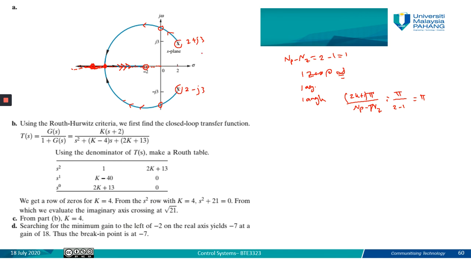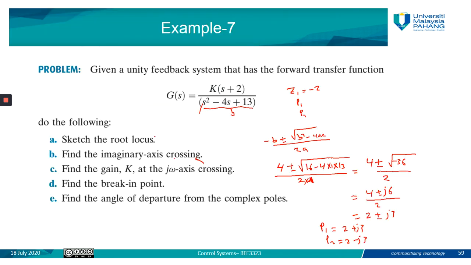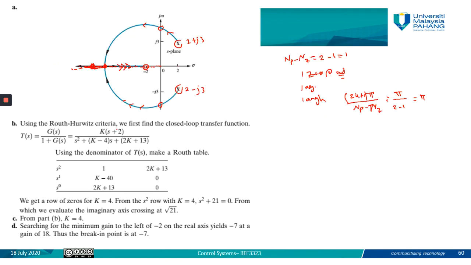So in order to find the crossing here, we start with the crossing point based on the question, because he asked: after you draw the root locus, find the imaginary axis crossing. In order to find the imaginary axis crossing, we need to find the characteristic equation for the closed loop transfer function.